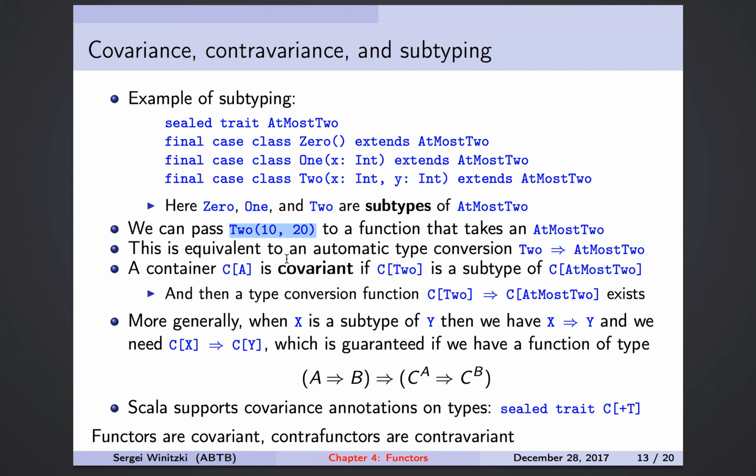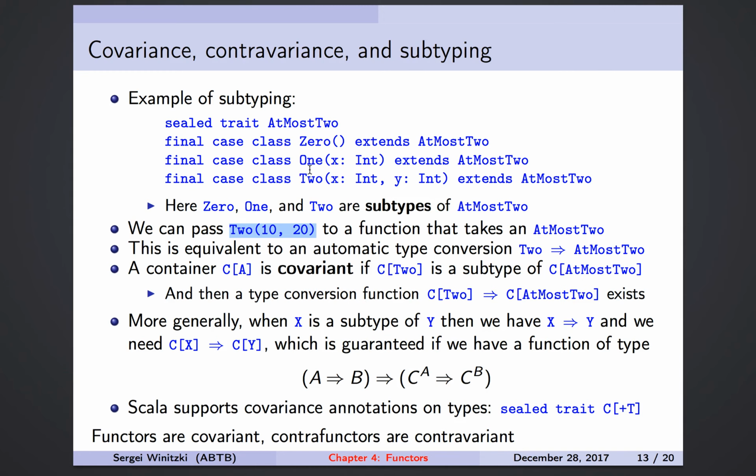So this is how we have been using disjunctions until now. We're using this feature of Scala that they're implemented as subtypes, and subtype means that you can automatically convert this type into that type whenever you need that.